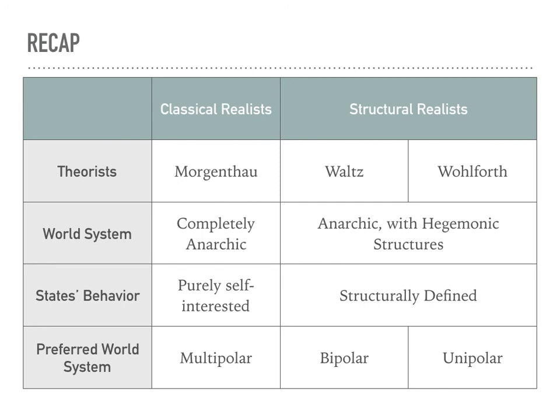For classical realists, a state's behavior is defined entirely by their self-interest. For a structural realist, it is structurally defined. Morgenthau prefers a multipolar system, Waltz prefers a bipolar system, and Wohlforth prefers a unipolar system.